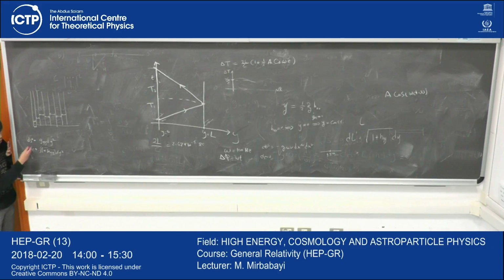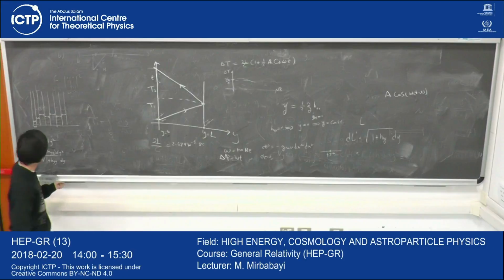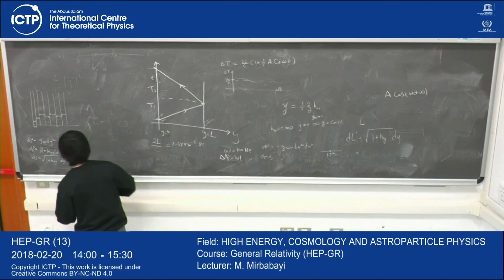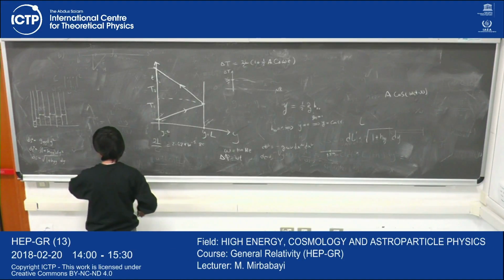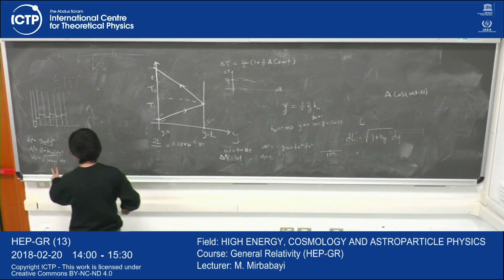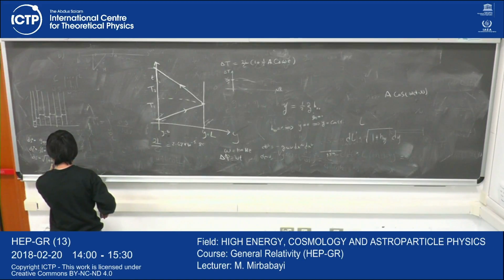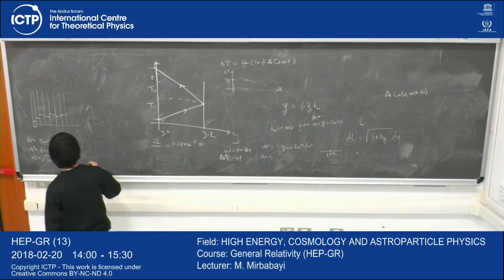Now, in the square root, we find that the space-like separation is basically the square root of h_yy dy at that instant of time. So then, since h is about 10 to the negative 20, we can expand it to first order.